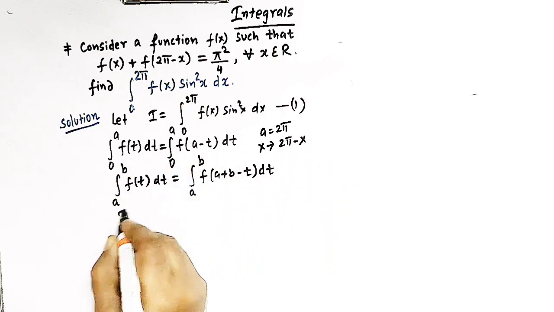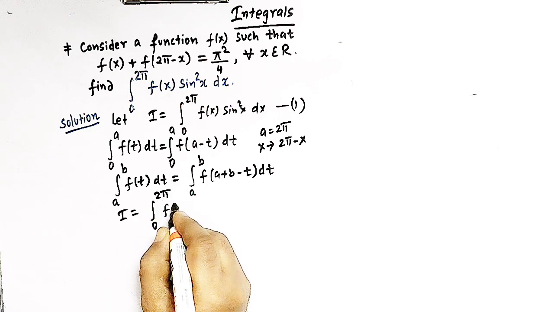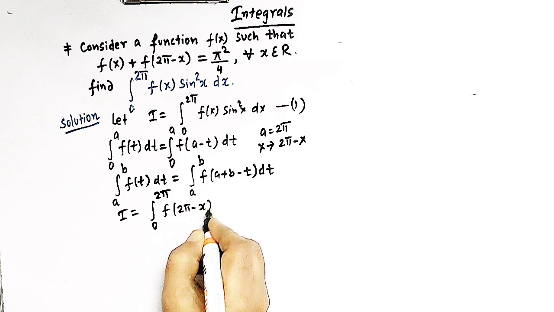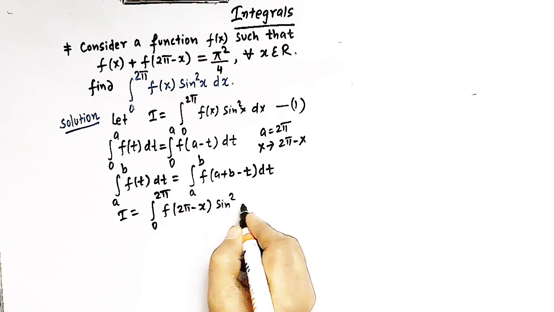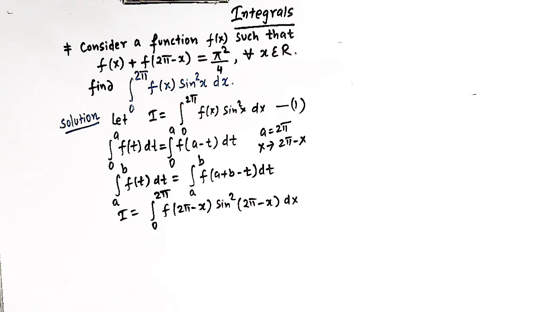So we have now I is equal to the integral from 0 to 2 pi of f of 2 pi minus x, and then we have sine square of 2 pi minus x dx, right? Okay, now let us take some help from trigonometry.